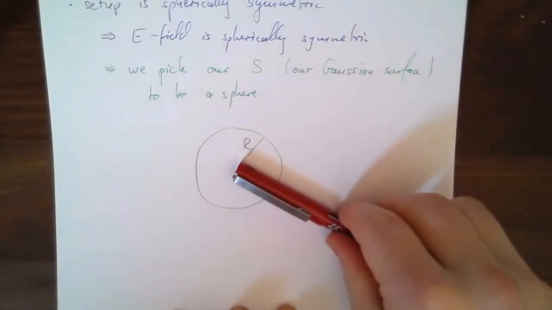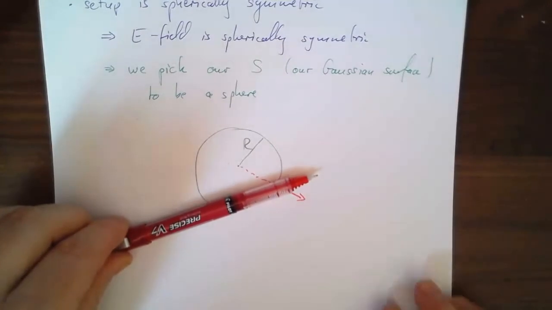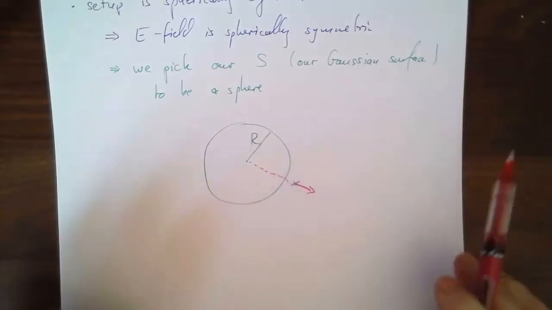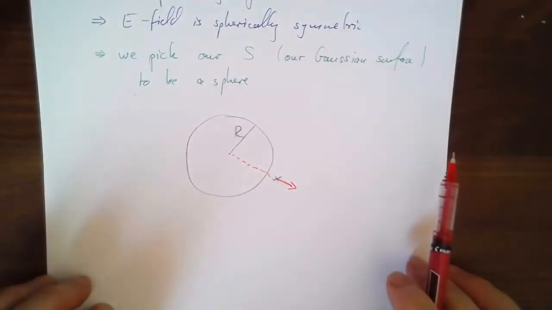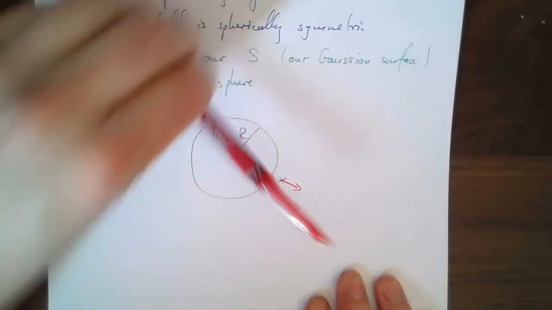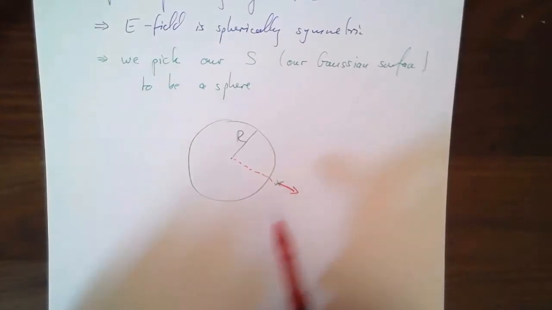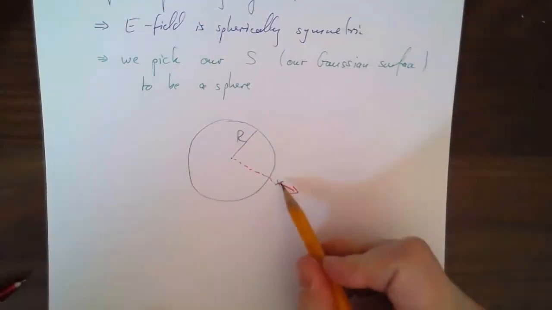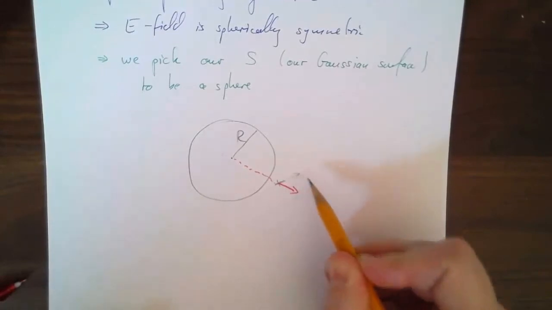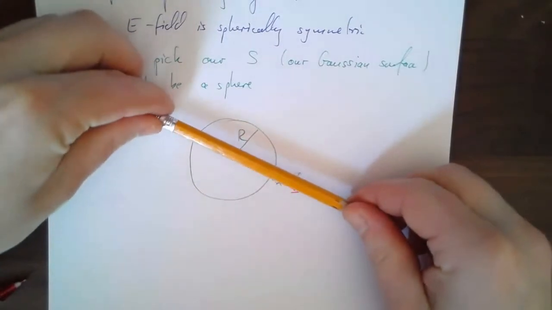It has to be pointing radially, because otherwise there would be a preferred direction around the sphere. It would break the symmetry. How would the field know whether it should be pointing this way or that way? Or more technically, imagine the field was pointing this way here, and then imagine I spin my sphere around this axis.